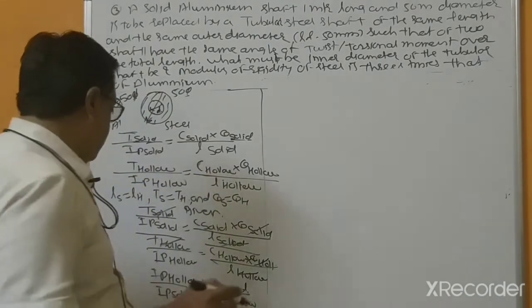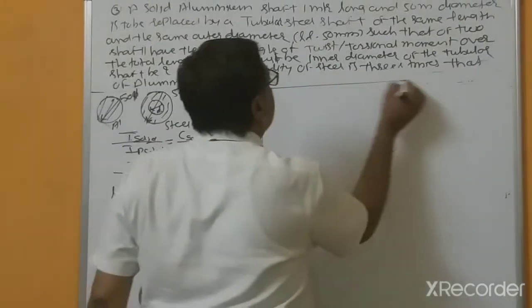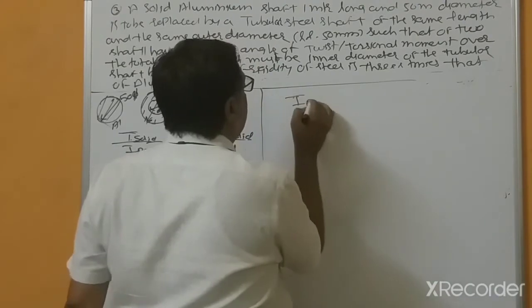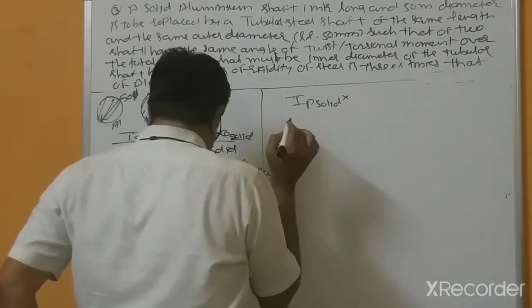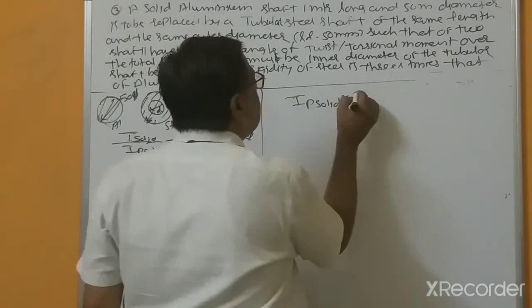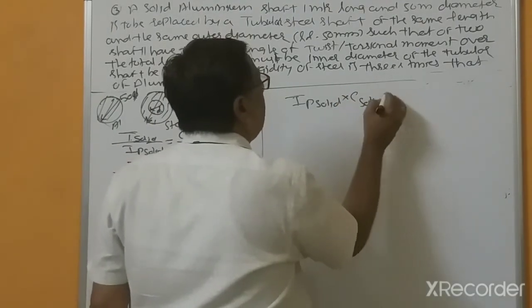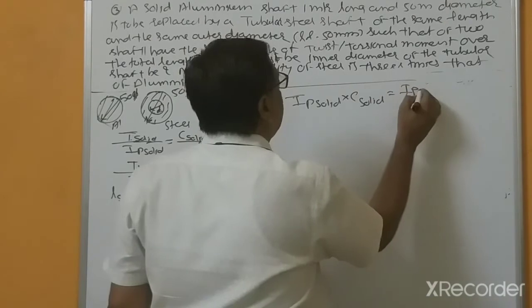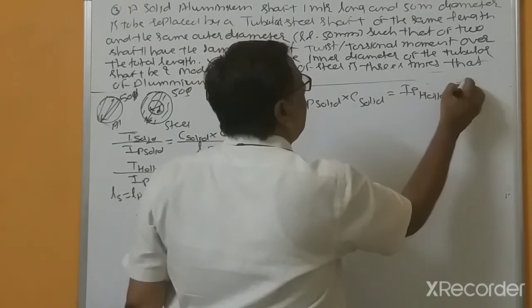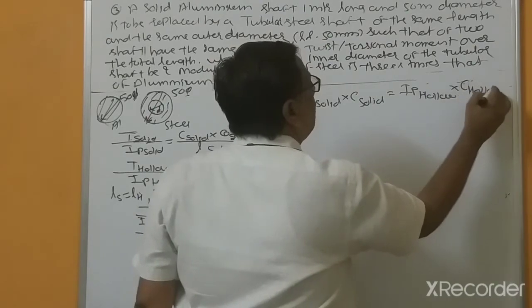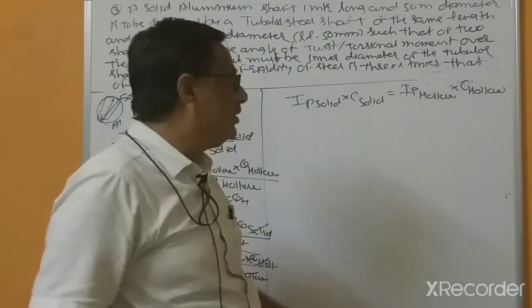So can I write polar moment of inertia for solid multiplied by C for solid equal to polar moment of inertia for hollow shaft multiplied by this is hollow, right?